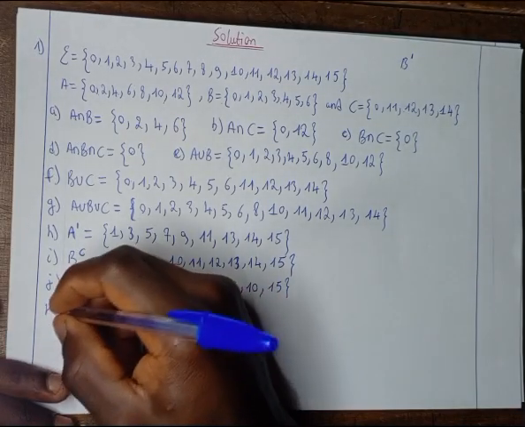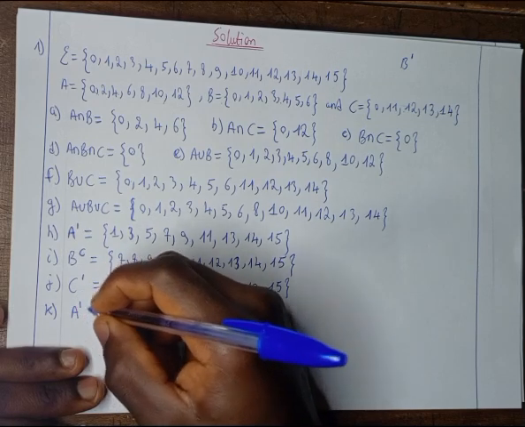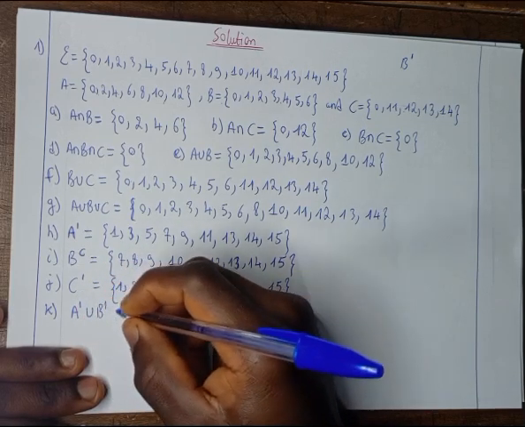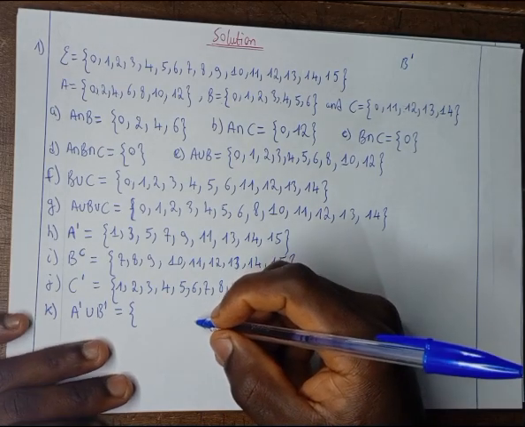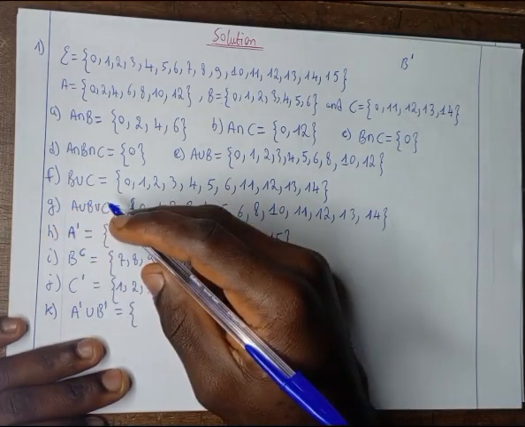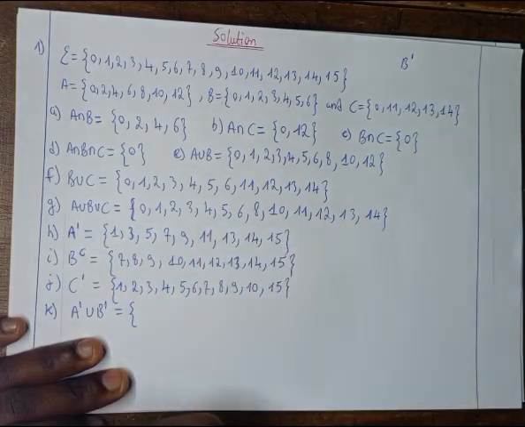We go now to question K. We have to write A complement union B complement. This will simply be equal to, we are going to copy the elements of A complement with the elements of B complement.